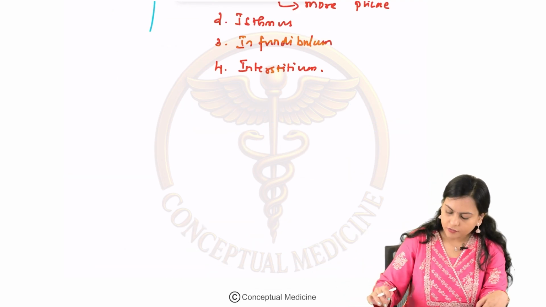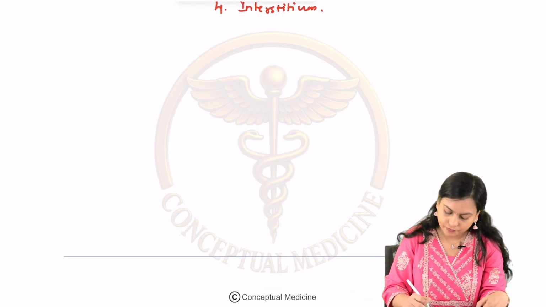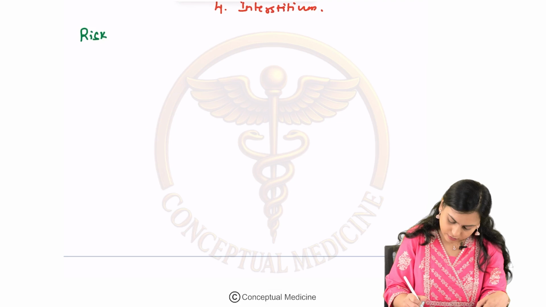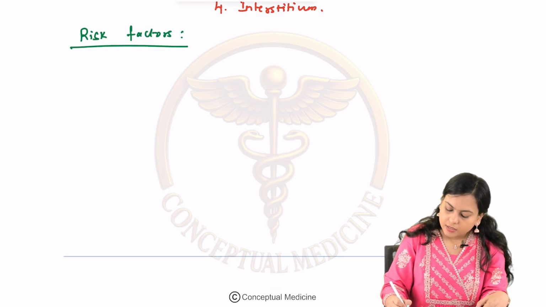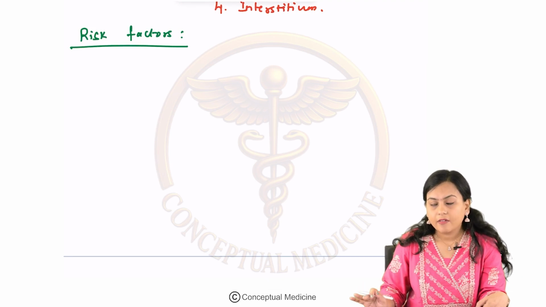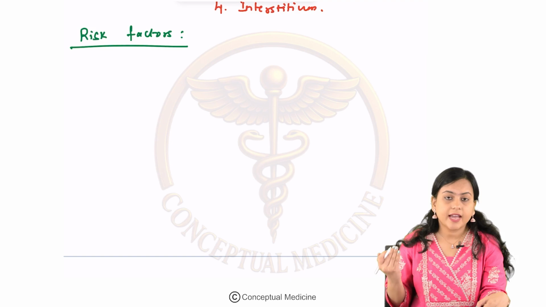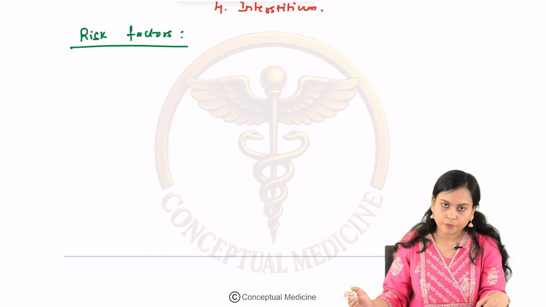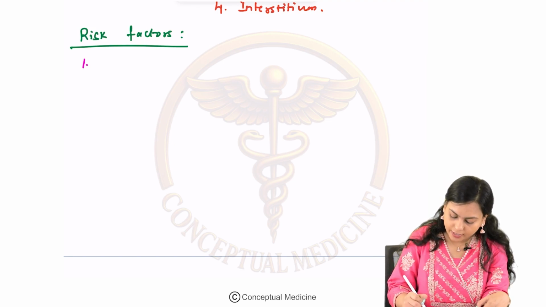Clear? Now we'll see what are the risk factors for getting an ectopic pregnancy. A person will have the highest risk of ectopic pregnancy when she already has a previous history of ectopic. That constitutes the highest risk, so keep that in mind.